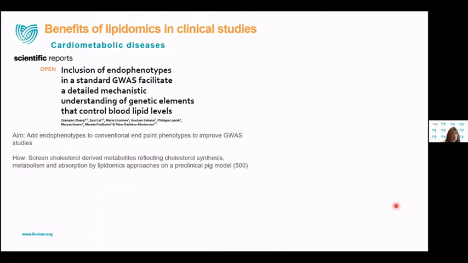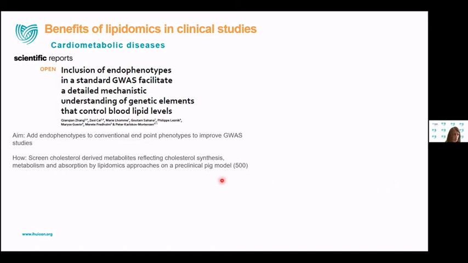Another example is here how lipidomics approach could improve GWAS studies by adding endophenotypes to conventional endpoint phenotypes. So conventional endpoint phenotypes could be clinical parameters or just the disease diagnosis.